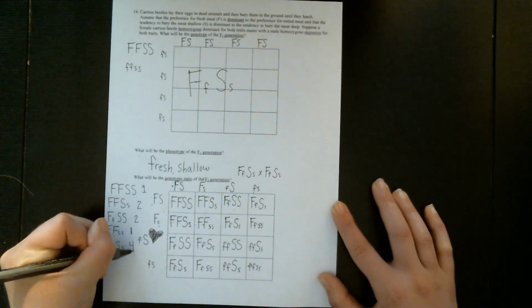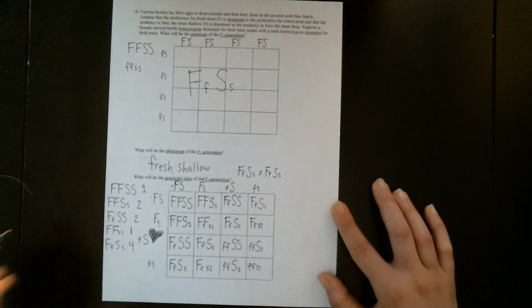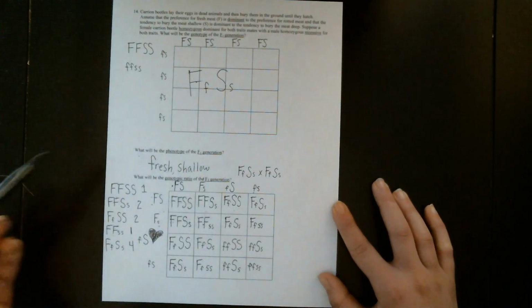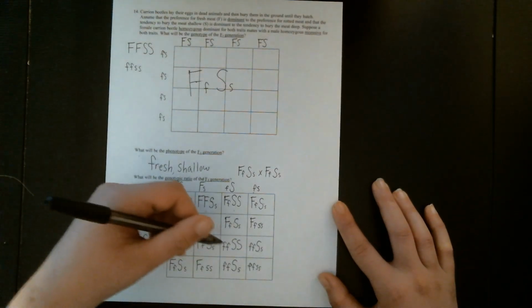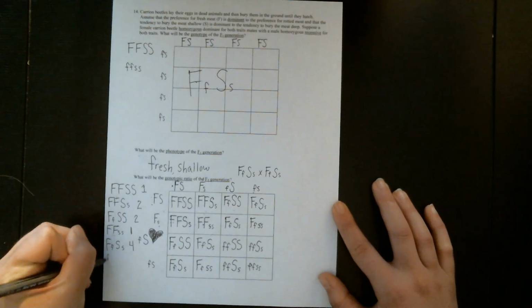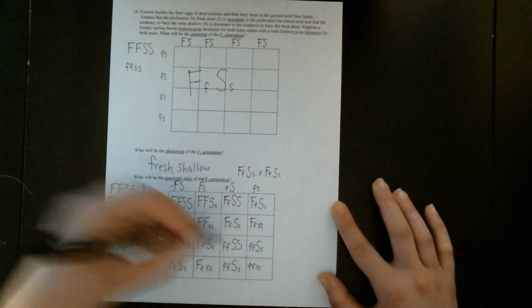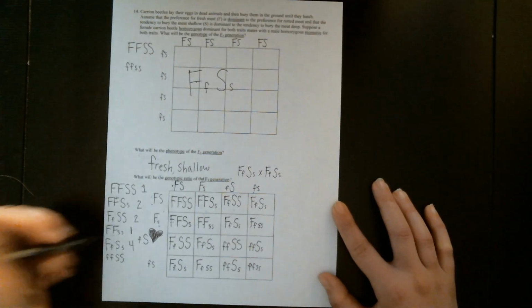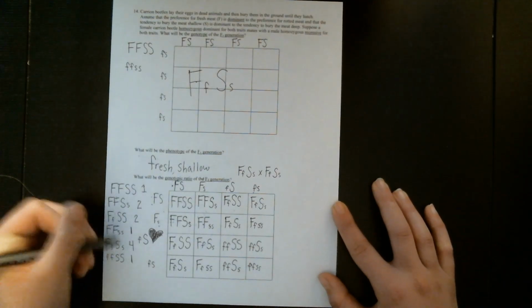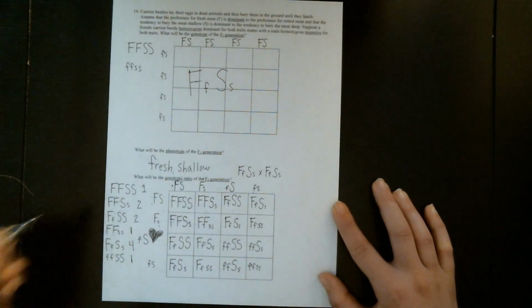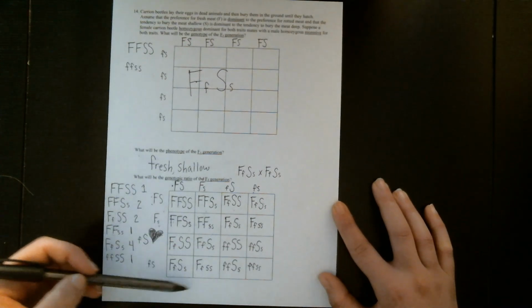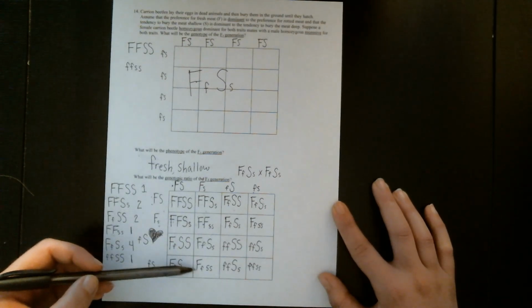So we get that one 4 times. Okay, what is our next genotype? Now we're getting little f, little f, big S, big S. We only get that one time again, just like the reverse of it, which was right here. Next, okay, let's see, we've got this guy.